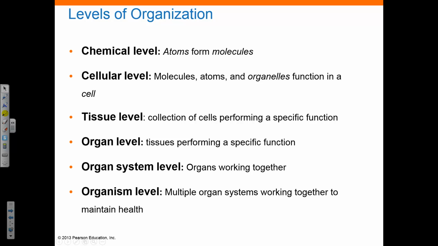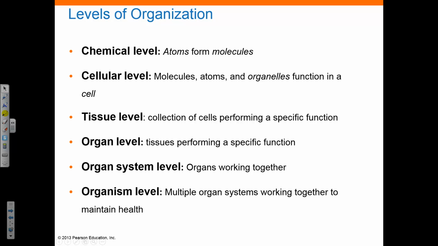The human body has organization at several levels. The levels of organization begin at the chemical level and build up to the organism level. At the chemical level of organization, atoms form molecules, and the shape of these molecules help determine their functions. At the cellular level, molecules, atoms, and organelles function together and form cells, the smallest living units.